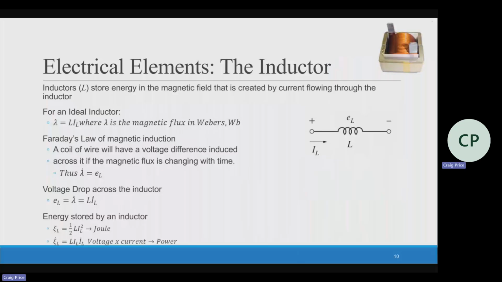So we have something lambda, which is equal to L, which is the inductance of whatever that inductor is, times the current. The lambda is the magnetic flux. Now, we can relate the magnetic flux to voltage. So voltage across the inductor is equal to lambda dot, the change in that magnetic flux.